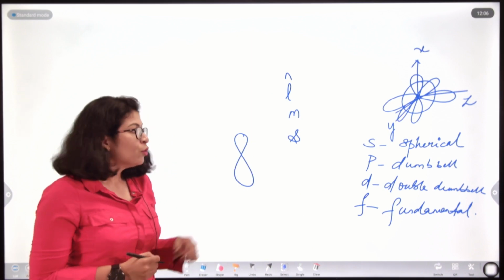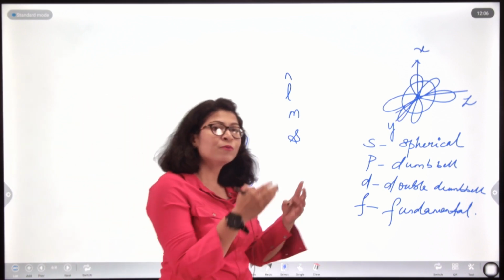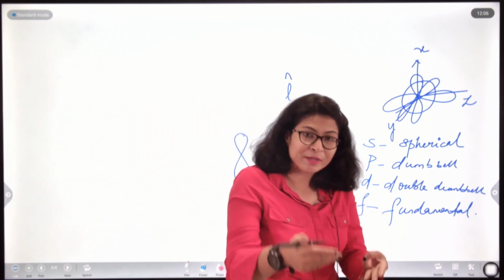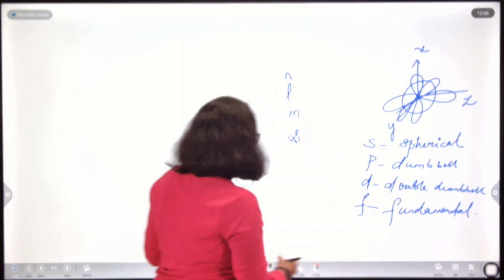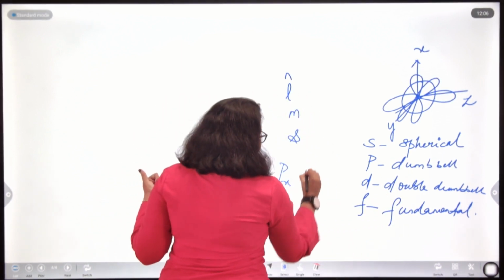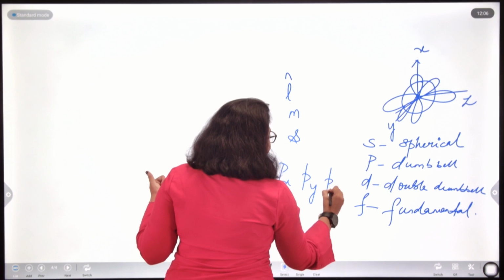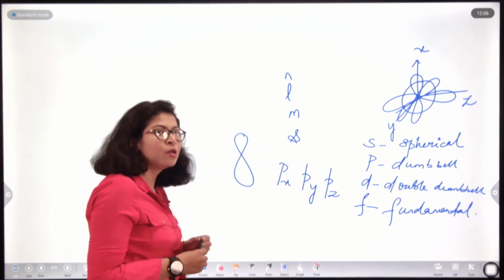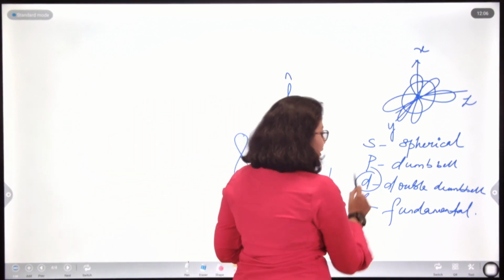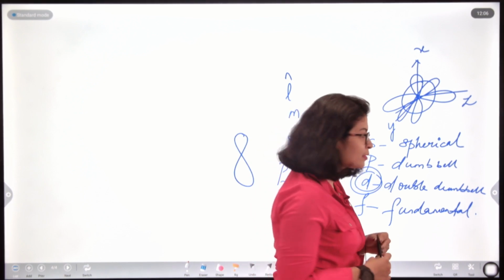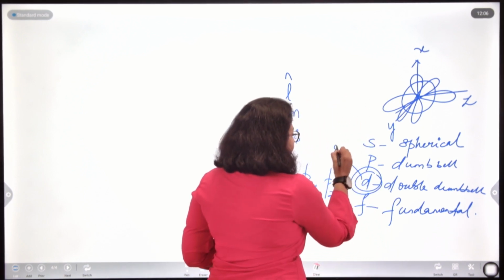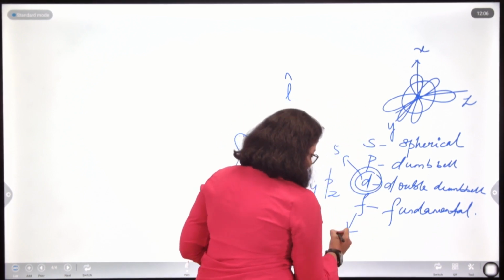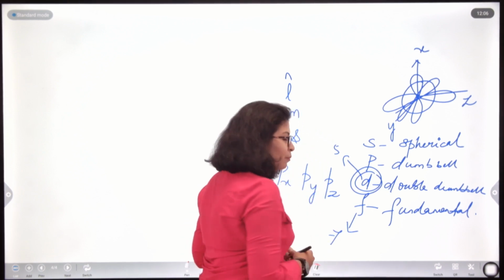Therefore, for p subshell we have 3 orbitals, that is px, py and pz. Similarly, for d subshell we have 5 orbitals and for f subshell we have 7 orbitals.